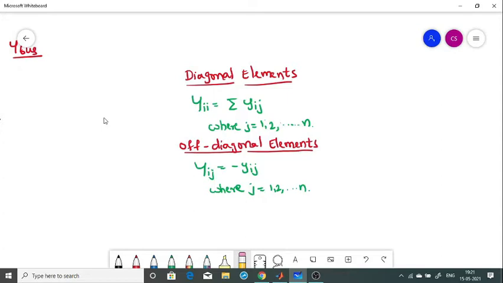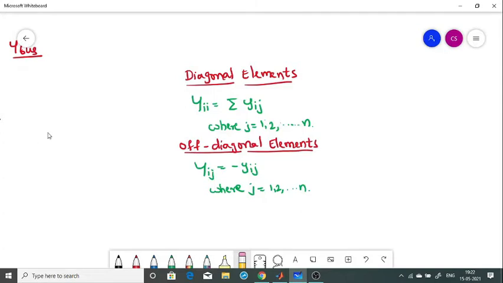So here we have two y values. Small y indicates the transmission line admittance, and capital Y indicates the element of the bus admittance matrix. I repeat, capital Y indicates the elements of the bus admittance matrix, and small y indicates the transmission line admittance.